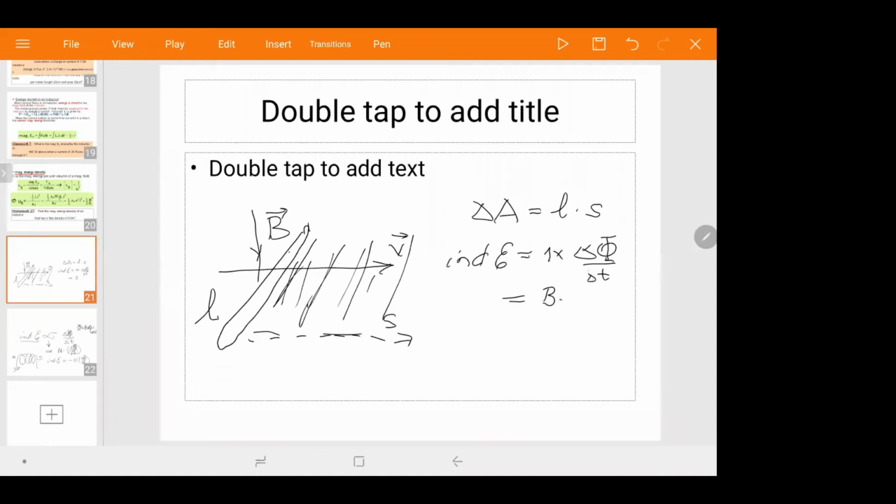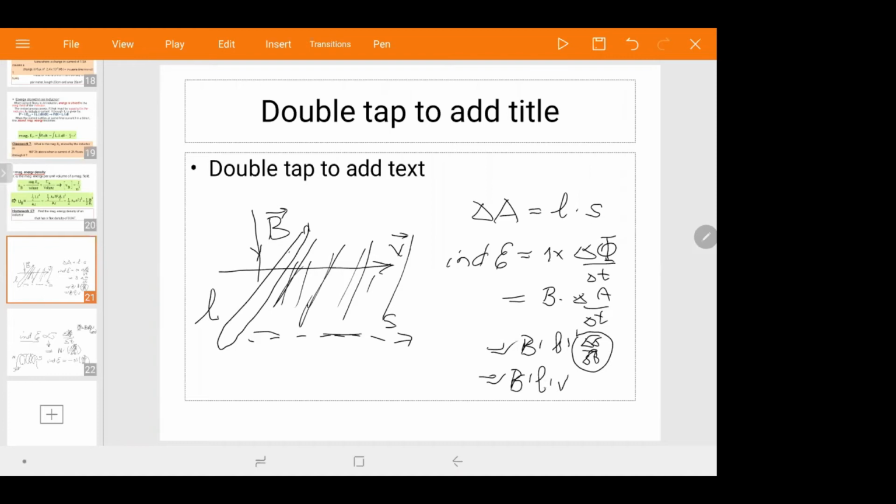B is constant, so delta A over delta T. The area means L times S. The length is not changing. The change of flux is caused by the rolling wire. So you have here B times L times delta S over delta T. But delta S over delta T is velocity in physics. So you get B, L, V.